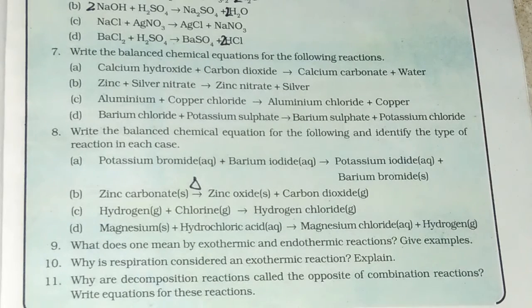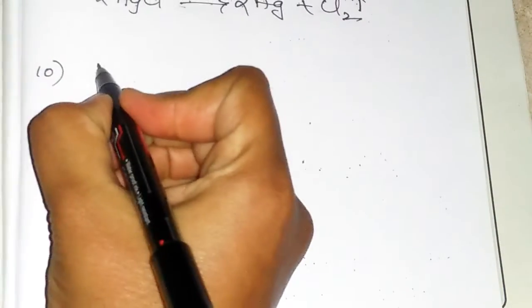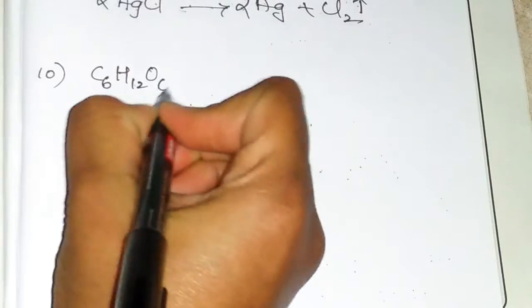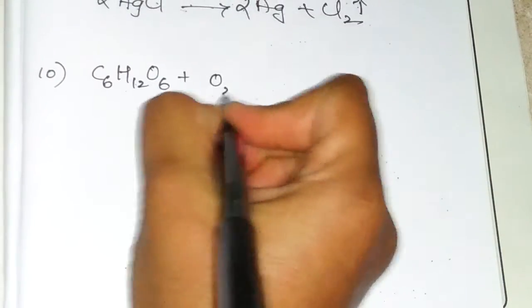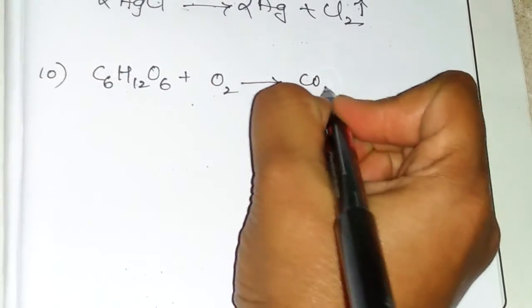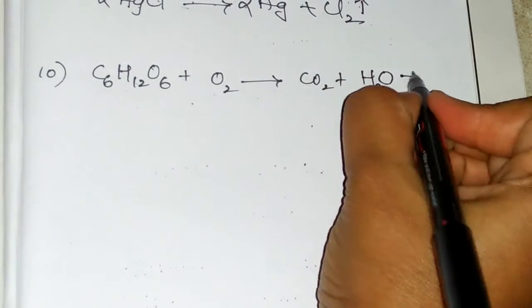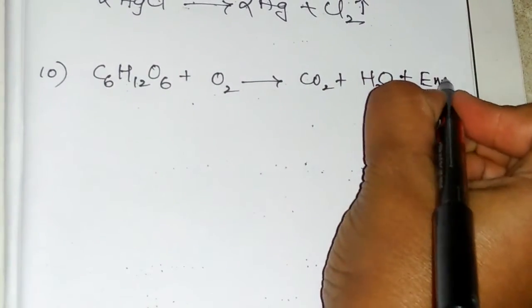You know the formula for glucose already. Let us see the equation for this respiration reaction also. Here we can take the glucose molecule C6H12O6, which reacts with oxygen and converts into carbon dioxide. Along with that, water vapor also, and even energy is produced.